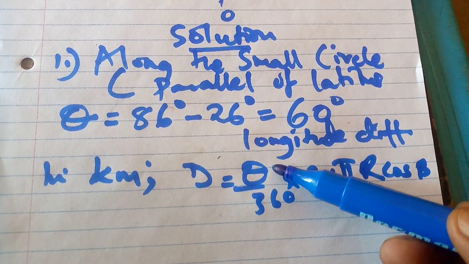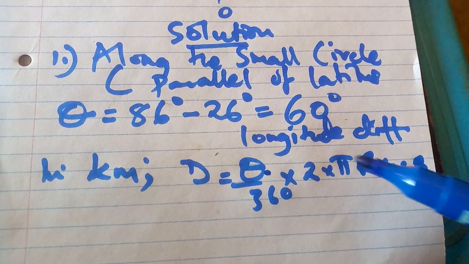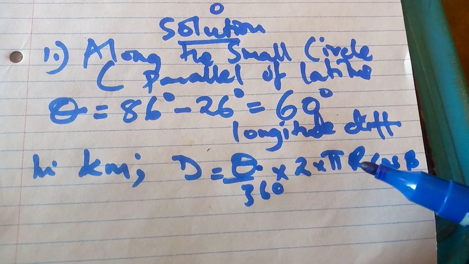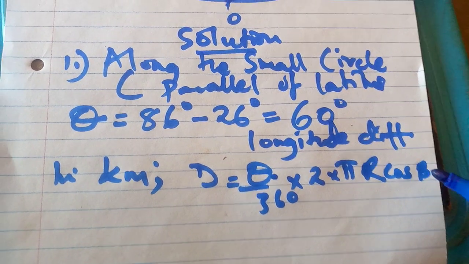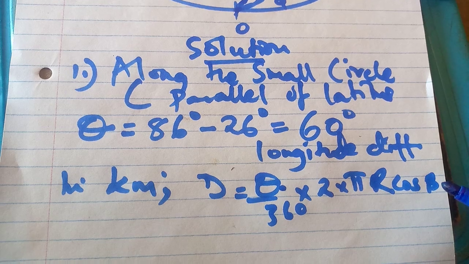I've said longitude difference multiplied by 2 pi r, the cos of latitude.